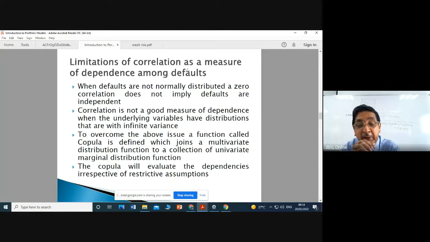That is the only thing you need to understand. You can make a note. All other things are not necessary for you. Don't put all these things in your mind and have confusion. On this particular slide, what you need to understand is that we apply all these things on the assumption that defaults are normally distributed.